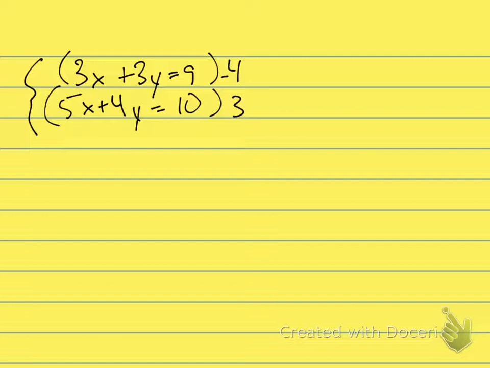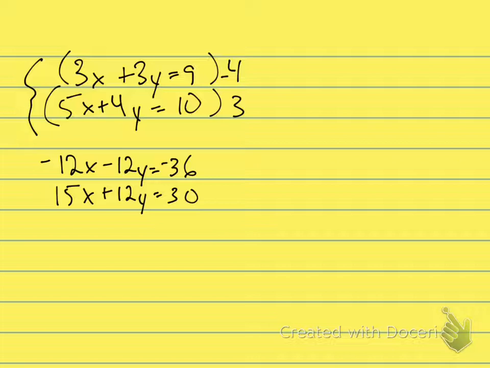So if I multiply everything in the top by negative 4, I get negative 12x minus 12y equals negative 36. If I multiply everything in the second line by 3, I get 15x plus 12y equals 30. And you'll see here now my y terms will cancel when I add them together, which is what you want.